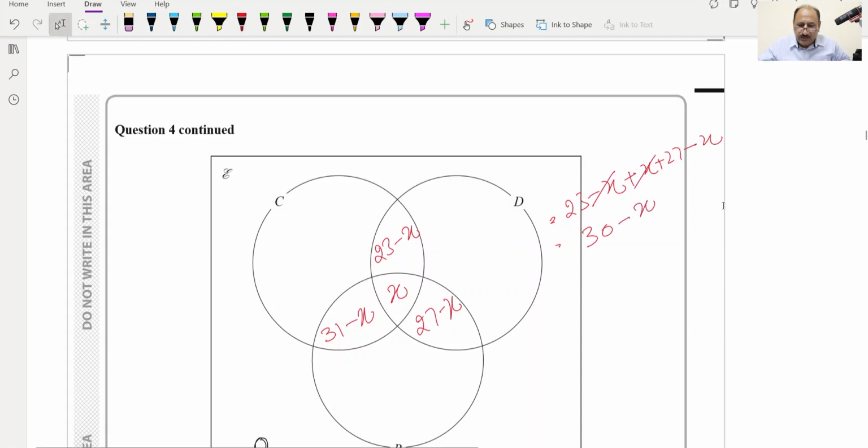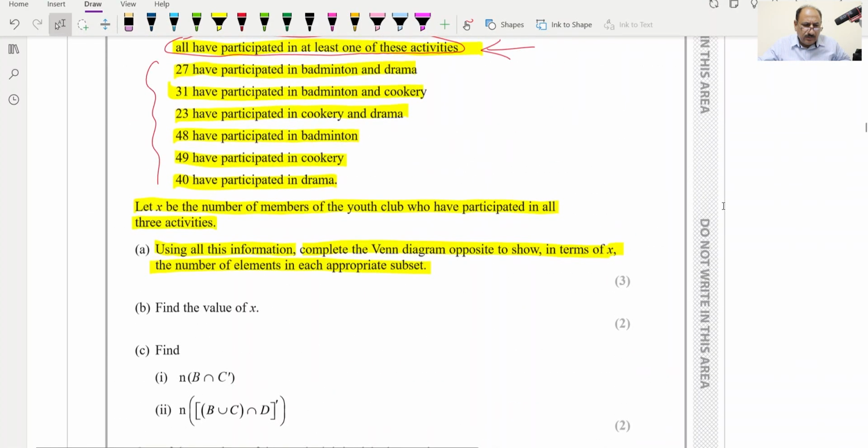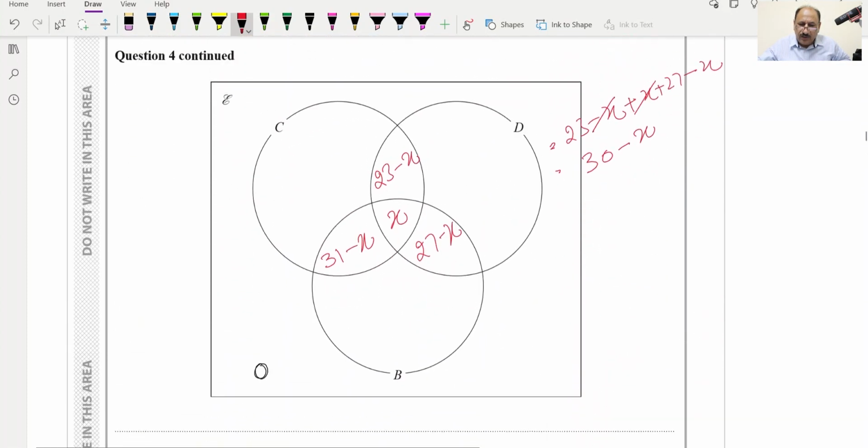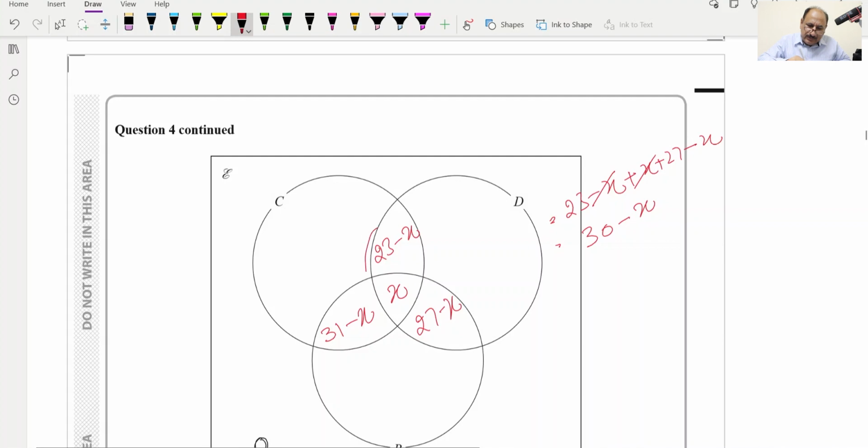Now we need this section, this D basically. This will be drama. We can consider drama, which is 40. What we have done is added these three, which is the drama portion which we have already taken, and this is 30 minus x.